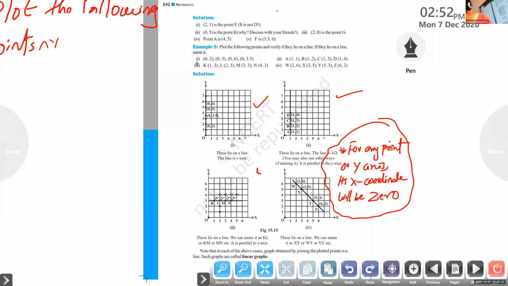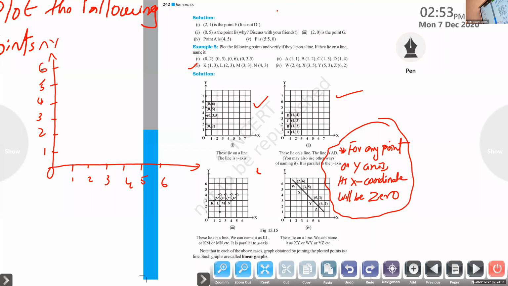Plot it. 1, 2, 3, 4, 5, 6. K is (1, 3). L is (2, 3).